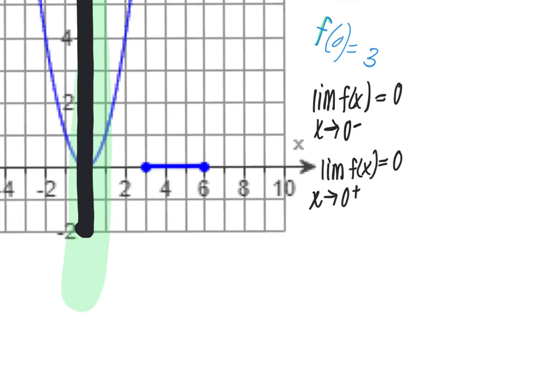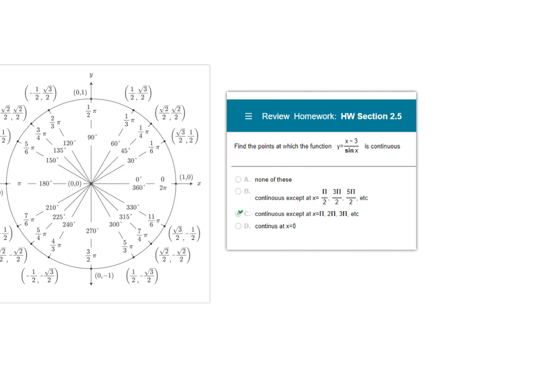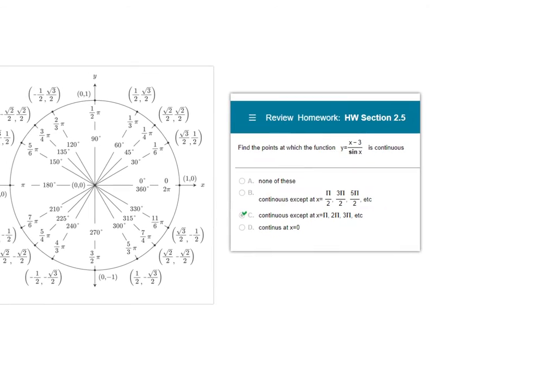The limit of f of x as x approaches 0 from the right is 0. Therefore, the limit of f of x as x approaches 0, and it doesn't indicate from the left or the right, so that's the two-side limit. Because our answer for these two things were the same, then this is going to be what that answer was for both of those. This is a really good problem for several reasons.